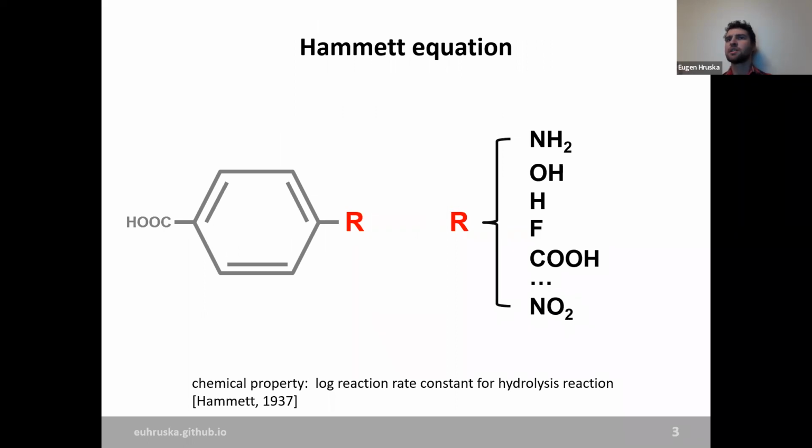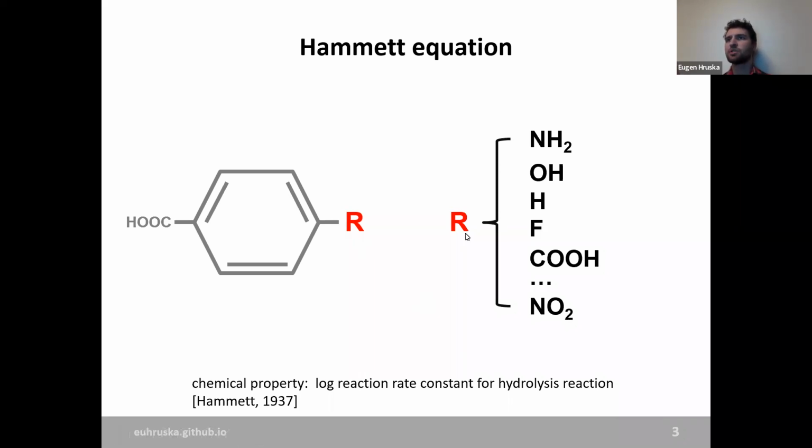Here you see the R, the red R. The explanation is: how does a certain chemical property, some kind of reaction, the reaction rate constant for that reaction, depend on the functional groups here noted as R? On the left side of R, the ring stays constant, and only the R itself is changed.